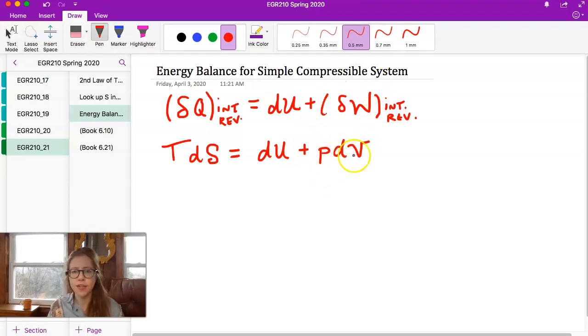We're just substituting P dV for our del W for an internally reversible process for a simple compressible system, like a piston-cylinder that is being compressed very, very slowly.